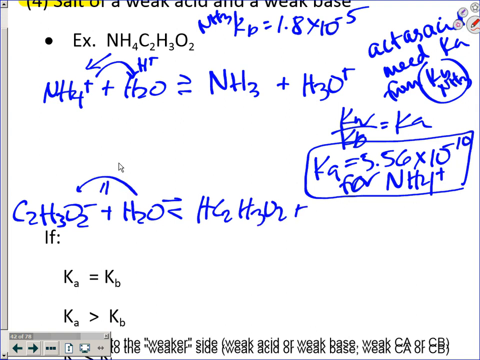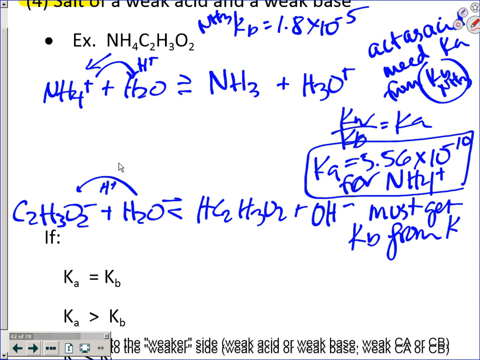And hydroxide, good, because this H plus gets donated, so water's acting as the acid, therefore the acetate ion's acting as the base. So we must find Kb, because it's acting as a base, from Ka of who? Acetic acid. And I will tell you the Ka of acetic acid is 1.8 times 10 to the negative 5th.